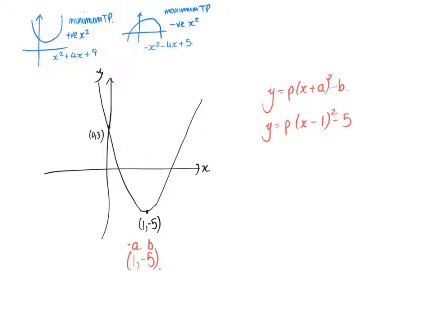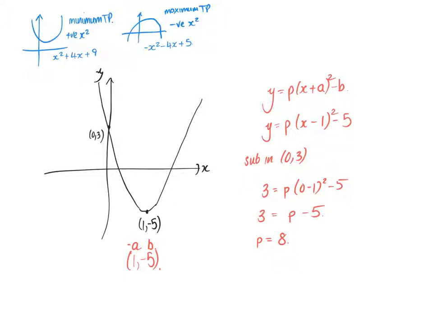Okay, and then we substitute in our value of (0, 3). So we're going to get 3 is equal to p times (0 minus 1) squared minus 5, which gives us 3 is equal to p, because minus 1 squared is 1, so it's just 1p minus 5. So then we're going to get that p is equal to 8.